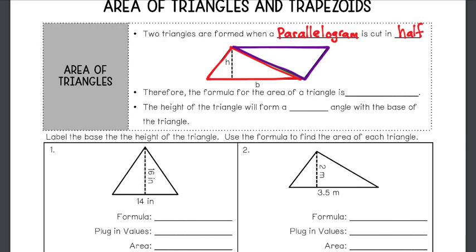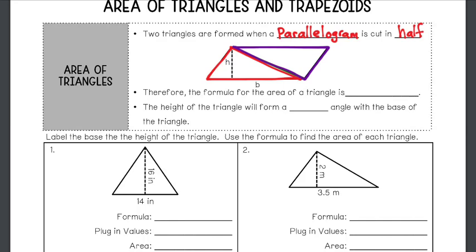Now, since we know the area formula of a parallelogram is base times height, we can take this triangle and multiply base times height, but we're not trying to get a whole parallelogram, we're trying to get half of a parallelogram, which is a triangle.